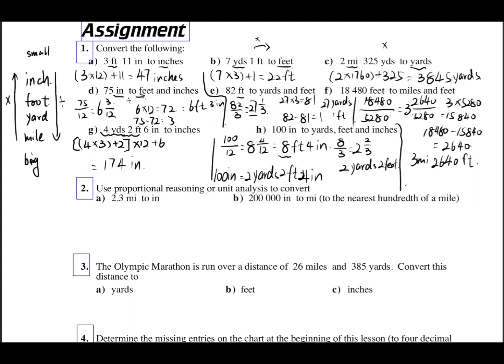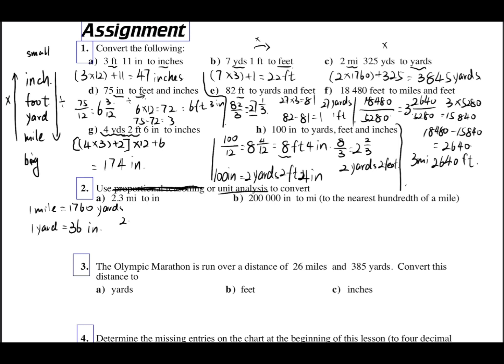Okay, let's look at number 2. We don't use proportional reasoning, so we don't use this one, we just use unit analysis. For this one, we can write 1 mile equals 1760 yards, and 1 yard equals 36 inches.